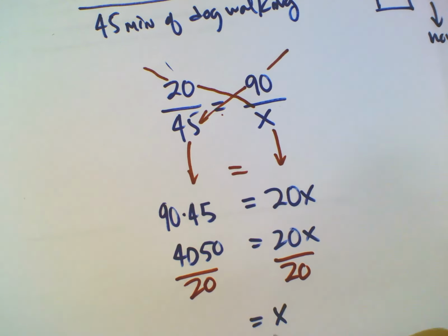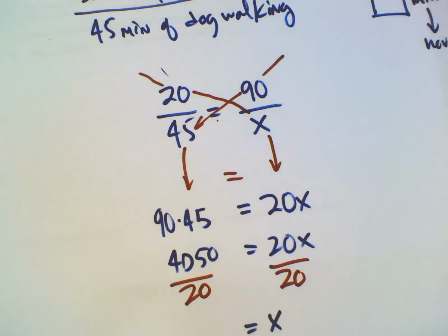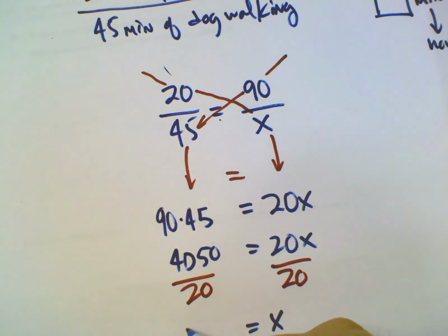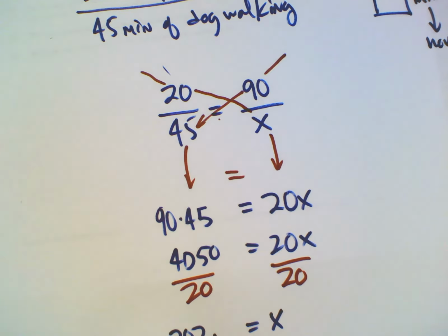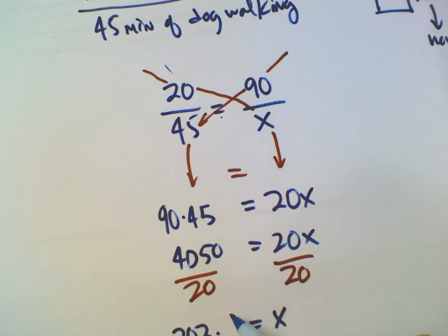So x equals 4,050 divided by 20. That doesn't make sense, I don't think I did that right. 4,050 divided by 20. Oh, yeah, okay.